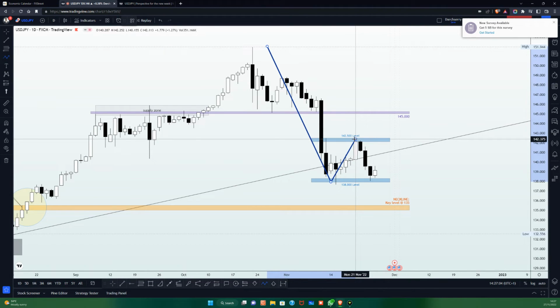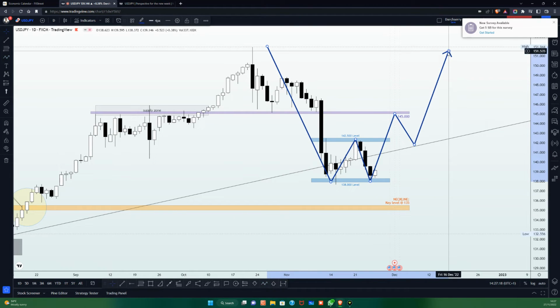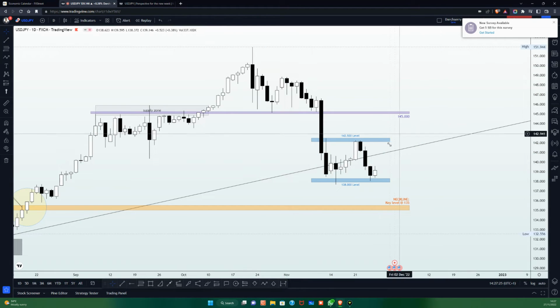Price came back into the 142.500. Price came back again the second time, and it could probably evolve into a reversal pattern in the form of a double bottom structure, break out of the neckline area, the 142.500, to incite another wave of bullish momentum. So that is one possibility that I might be looking forward to for this week.